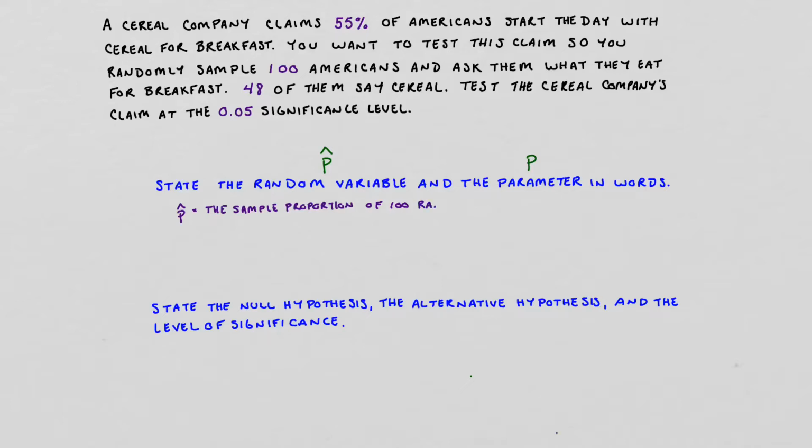And we should also note that they are randomly sampled Americans. And we want to put in as much detail as we can, so we want to call out that they are eating cereal for breakfast.